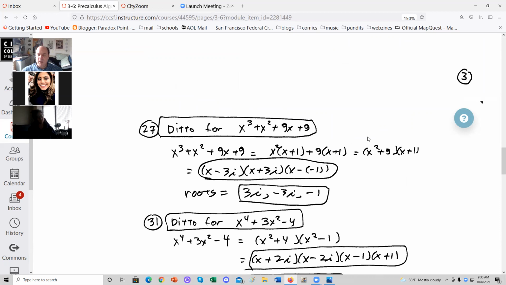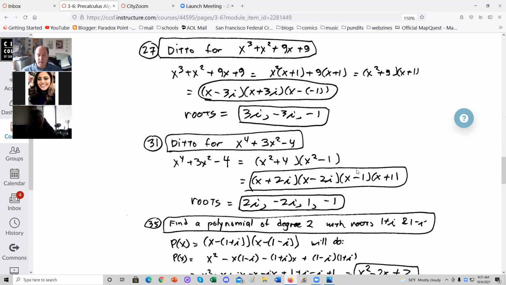The x plus 1 is a common factor, out it comes, times x squared plus 9. Here it is: x squared plus 9 times x plus 1. Now x squared plus 9 is x squared plus 3 squared, a sum of squares, therefore it's x minus 3i times x plus 3i. And x plus 1 is x minus negative 1. So you can read off the roots: 3i, minus 3i, and negative 1.